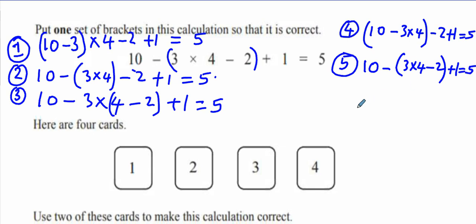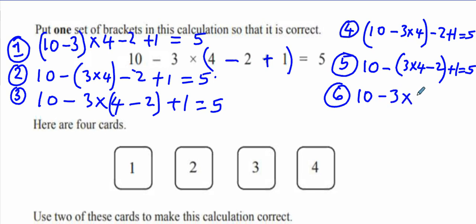Is that equal to 5? You can check. Right, now the sixth possibility will be when you take these two signs over here, negative and addition. So 10 minus 3 times 4 minus 2 plus 1. See if you get equal to 5.